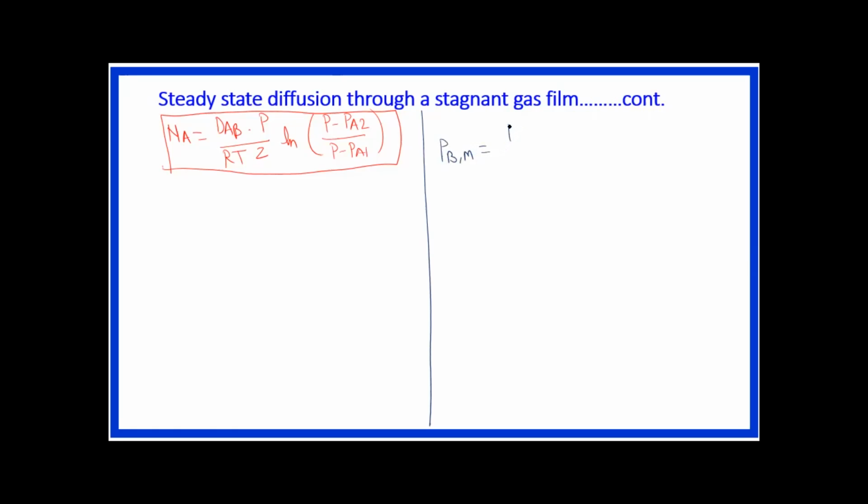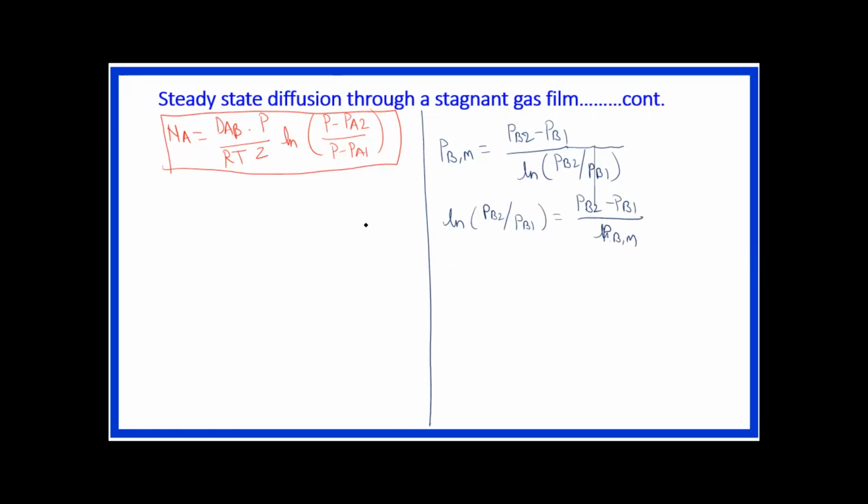So the equation for this is PB2 minus PB1 upon ln of PB2 upon PB1, right? So this is the basic equation. So if you write ln of PB2 upon PB1, then it becomes PB2 minus PB1. So this is simple rearrangement.